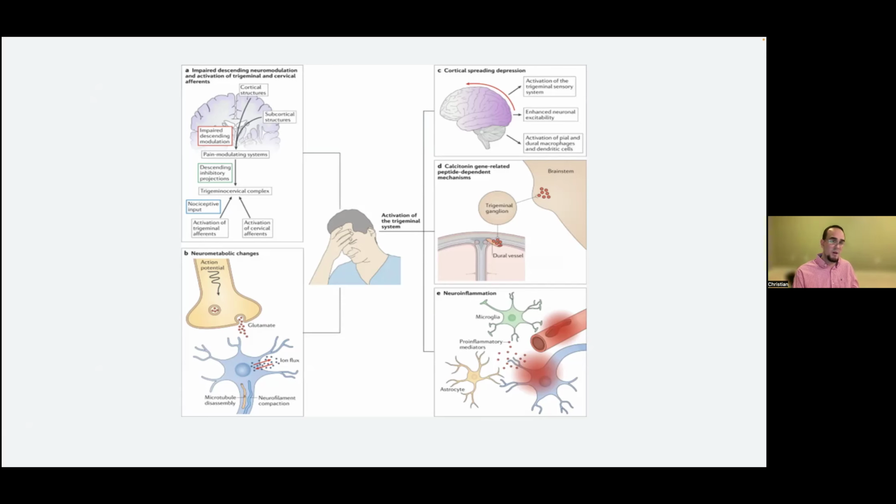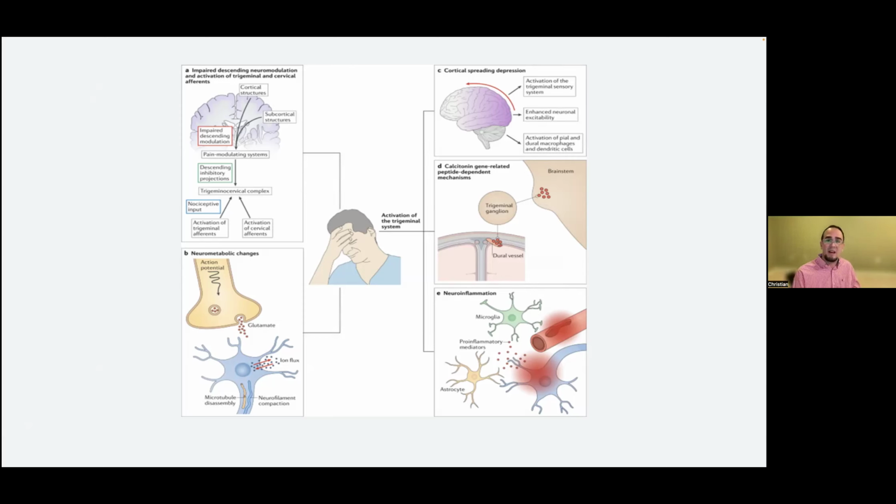Whenever we have a head trauma, this modulation system becomes impaired. There's also a release of excitatory neurotransmitters like glutamate and calcium, and basically what those do is kill the neurofilaments and neurotubules and cause ion exchange within the neurons themselves.